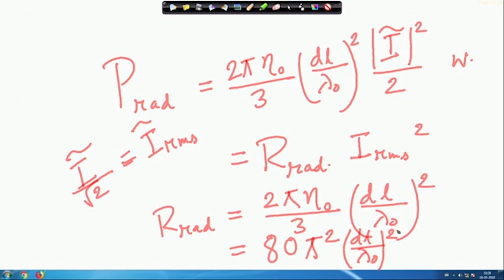Now, what is radiation resistance? That means, if I want more radiation, if I want a more efficient antenna, means more R rad. Whatever I am giving is in my hand here, but how much it is sending is given by this. So, more R rad means a more efficient antenna. This R rad is called radiation resistance. Actually, we can say that as if, instead of an antenna, I have a fictitious resistance, I am giving I RMS current and power is dissipated here.